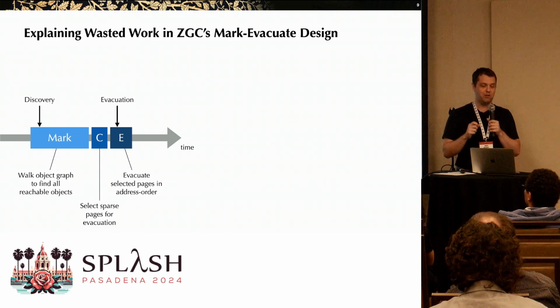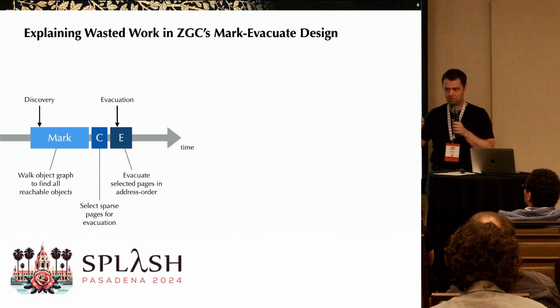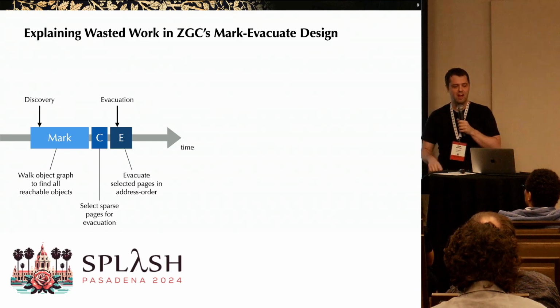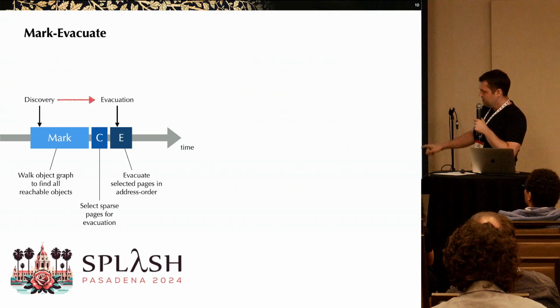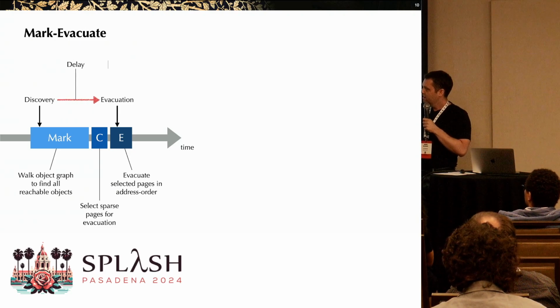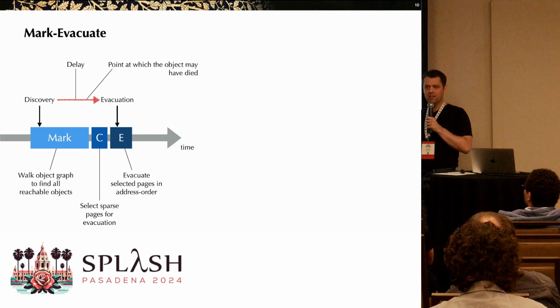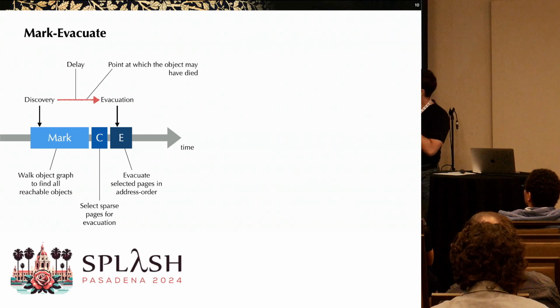And then an evacuation phase where we evacuate whatever we selected. The issue is that there is a delay between discovery and evacuation, and at some point during this delay, an object may die. Recall that this is within the context of ZGC, so this is not happening during a stop-the-world pause. Everything is concurrent with mutators.